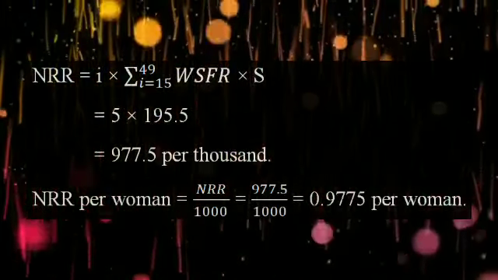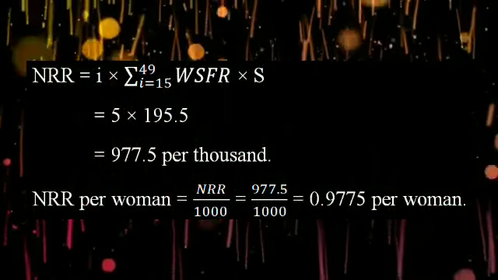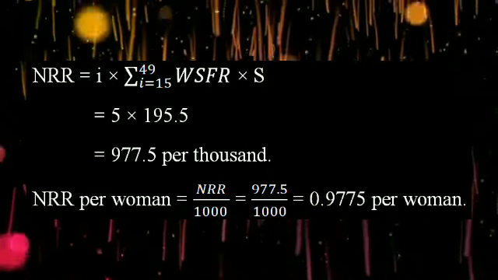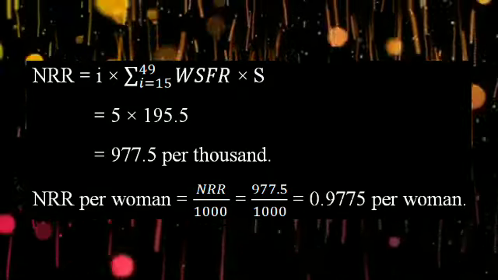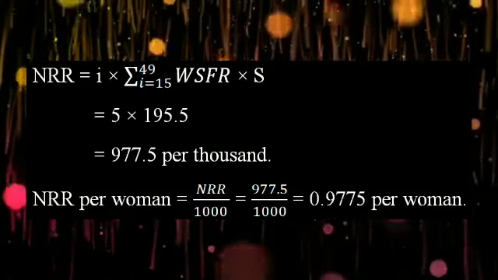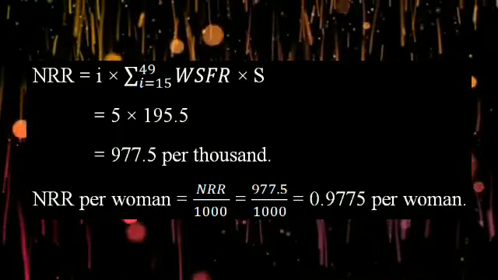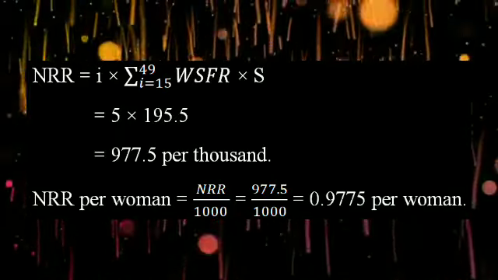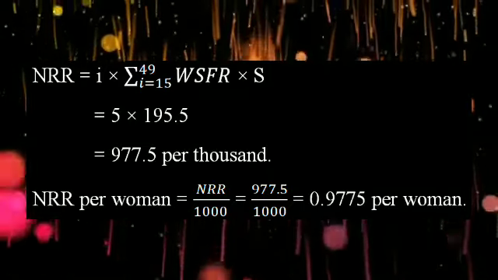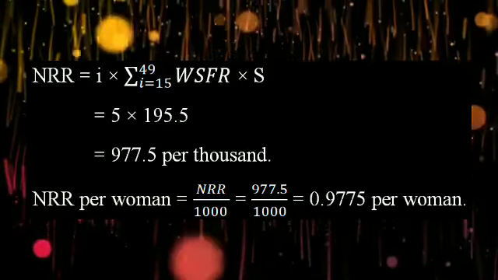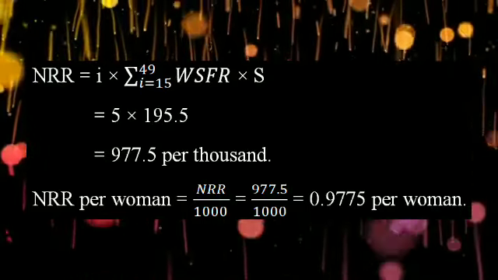Similarly, compute NRR value. Write NRR formula. NRR equal to I into sigma I equal to 15 to 49 WSFR into S. Here I is 5, the width of the class interval, into sum total of WSFR into S, which is 195.5. So 5 into 195.5, that is equal to 977.5.